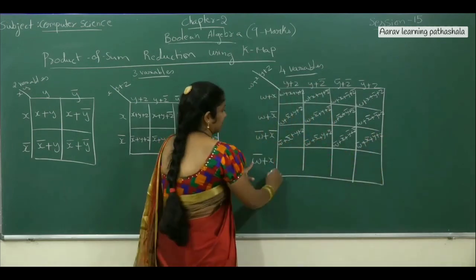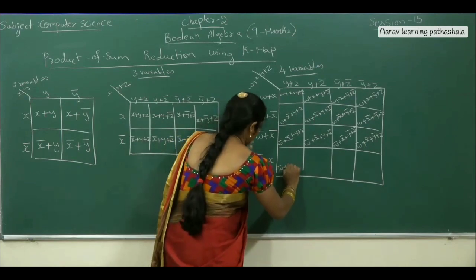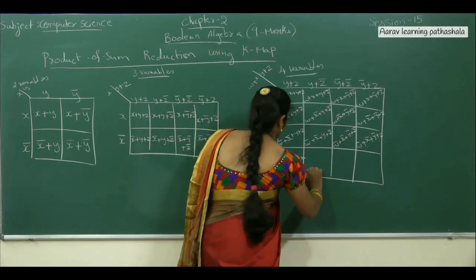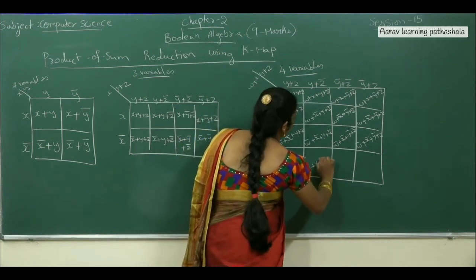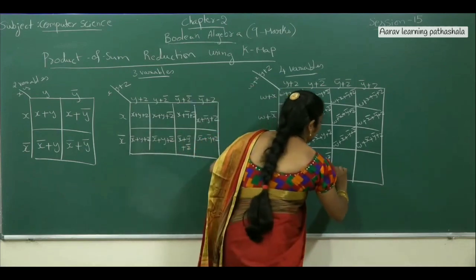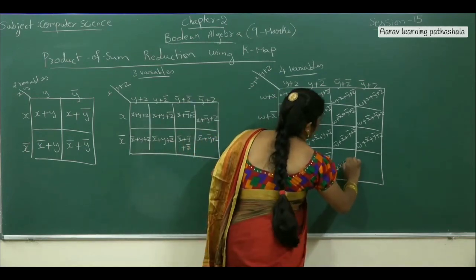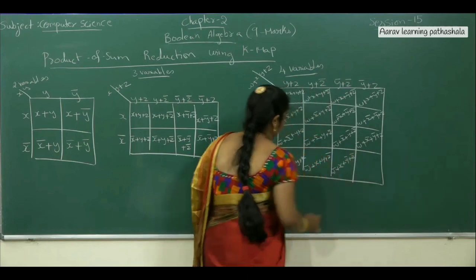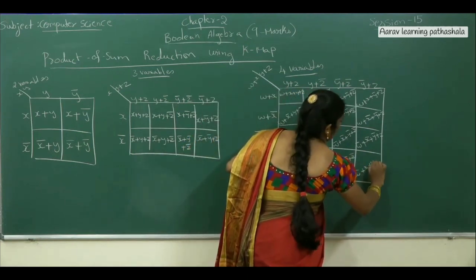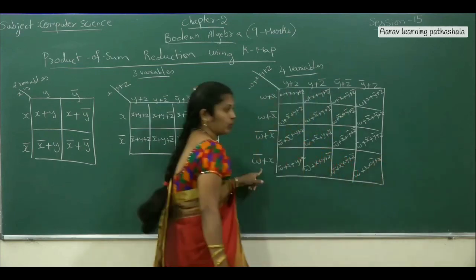For the last row, w bar plus x plus y plus z, w bar plus x plus y plus z bar, w bar plus x plus y bar plus z bar, and w bar plus x plus y bar plus z for 4 variables.